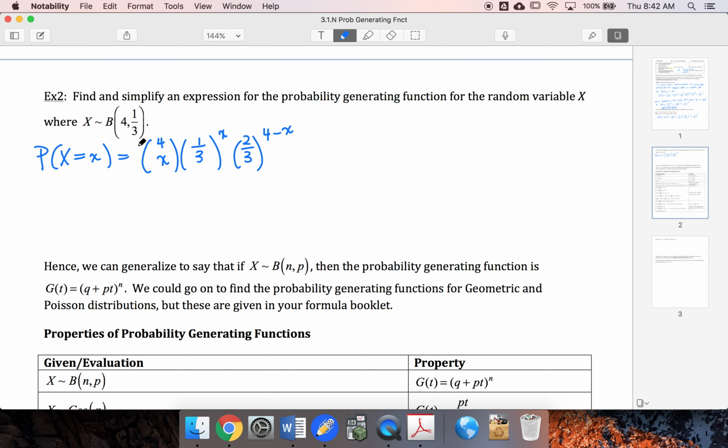So remember, this is ways it can happen, probability of it happening, probability of it not happening.